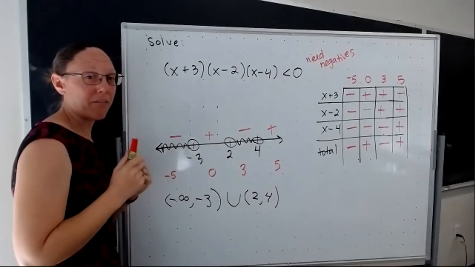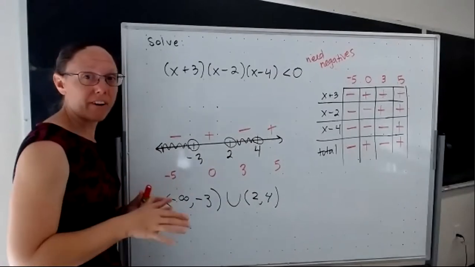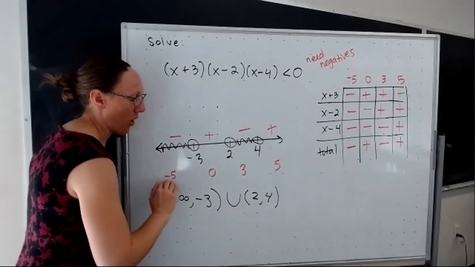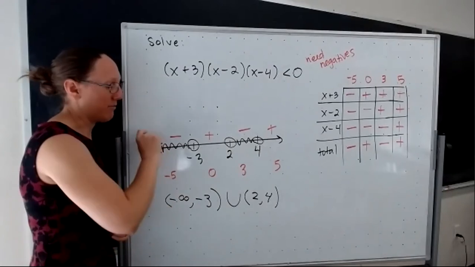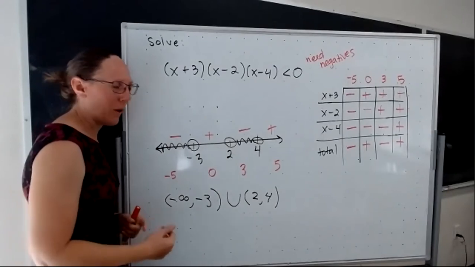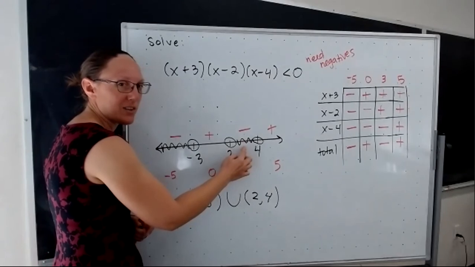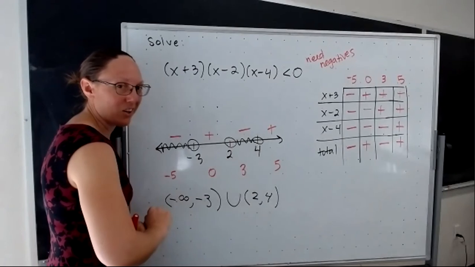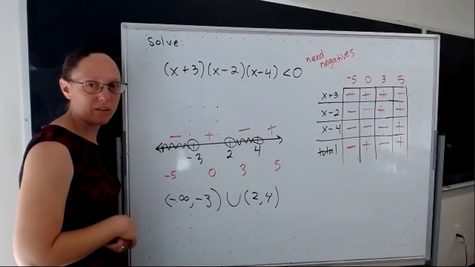So for me, if I have 2 colors, I like to put my test points in a different color. Or at the very least, even if I'm not working with 2 colors, I make sure that my test points are somewhere below and offset from the actual number line so that I don't get mixed up later. If you put the 3 up here by the number line, then it can start to feel like 3 was something that should be in your final answer, but it's not. It was our arbitrary choice of a test point.